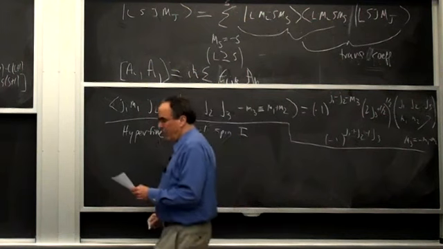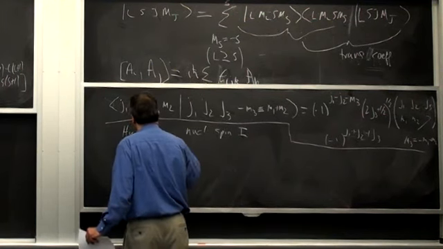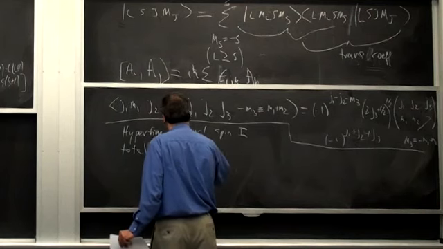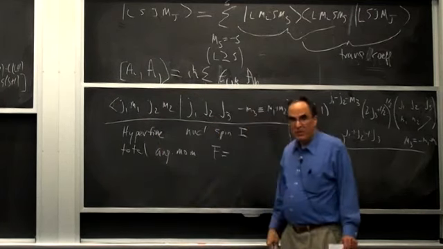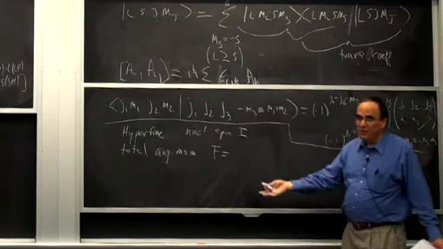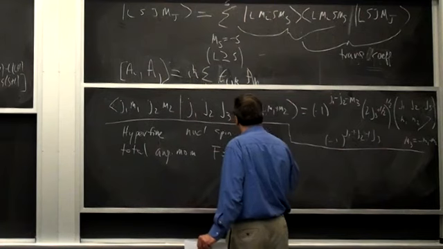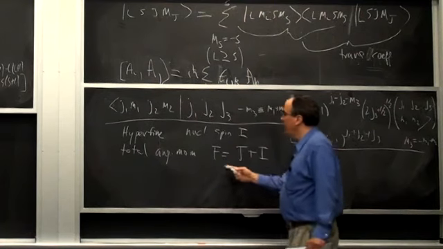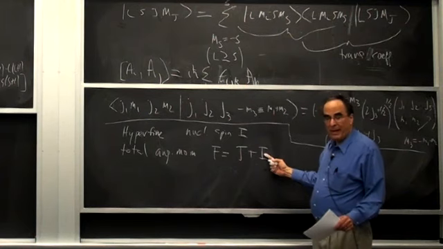And then you want the total angular momentum. And that's always called F when you have nuclear spin. If you don't have nuclear spin, it's called J. And so you can get F by coupling J with I. That's one path.